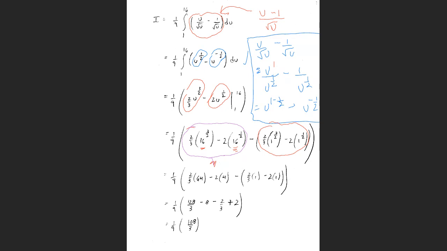And what I did was I just used your basic math. 16 to the 3/2 is equal to 64, because that's 16 to the 1/2 power raised to the 3rd power, which is 4 to the 3rd power. That's 64. I just used fundamental principles. But this step here, doing it in Desmos, you'll get 108 over 3.